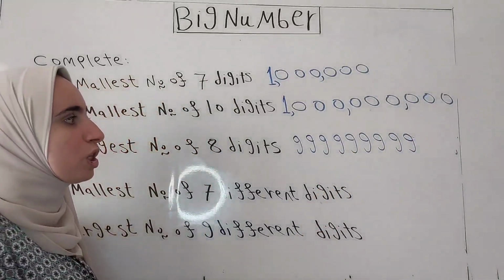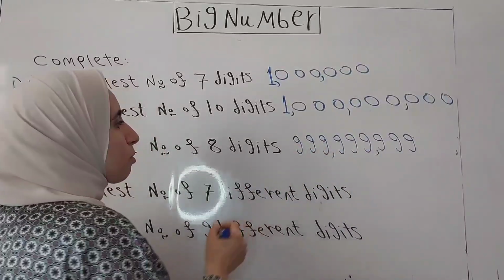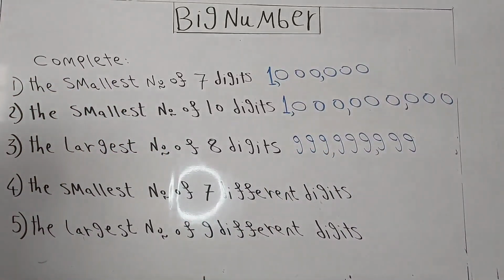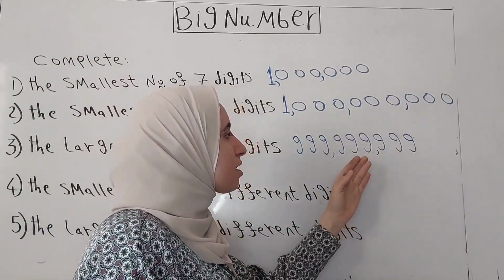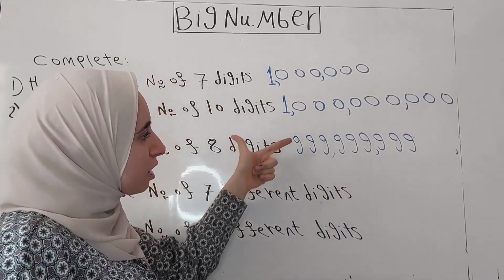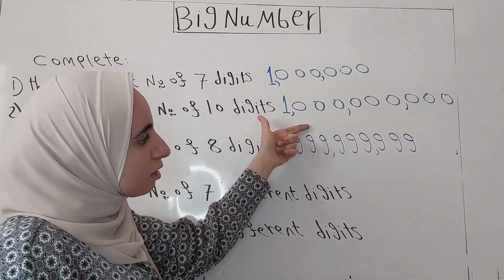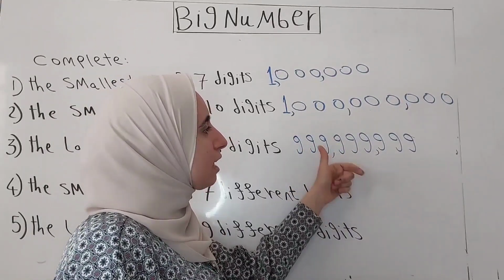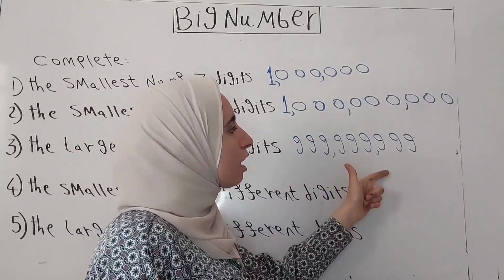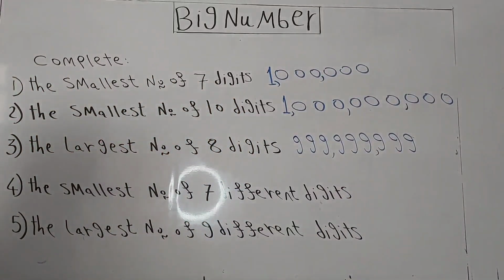Finally, we use commas to separate each 3-digit period from the right going to the left. How can we read this big number? This is 99 millions, 999,999.